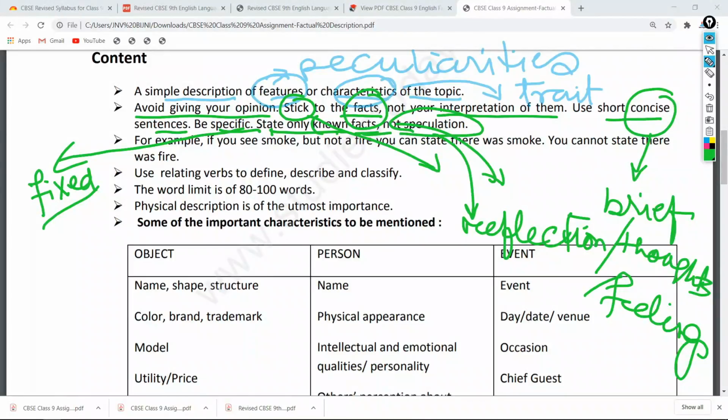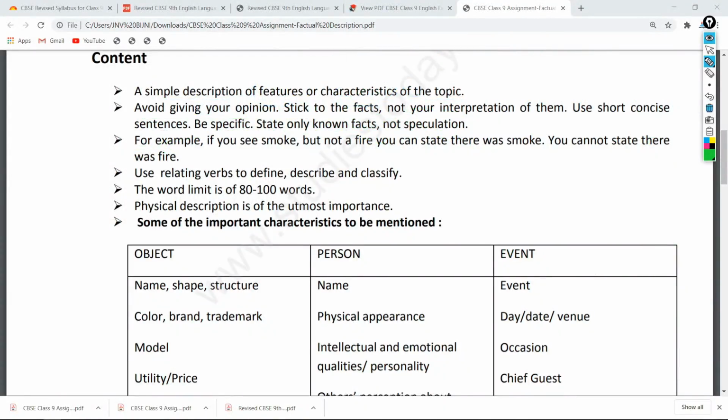Then let us continue. For example, if you see smoke but not fire, you can state there was smoke. You cannot state there was fire. Let us see the example given here.